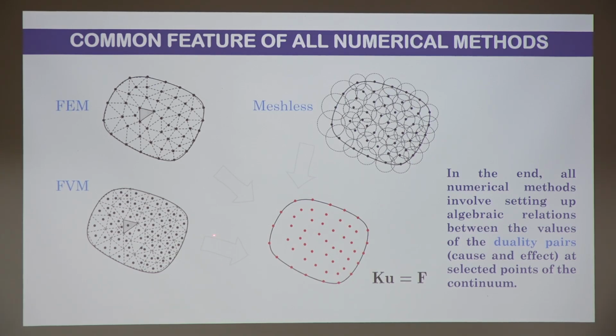Okay, so what you see is that at the end, everything that you did within the method is lost in the form of K. You only know there are a certain fixed number of points, and we are trying to relate the values of the duality pairs at these points. Then we apply the boundary conditions and solve it. You don't really know how you obtained it; you know it, but it depends on the method.